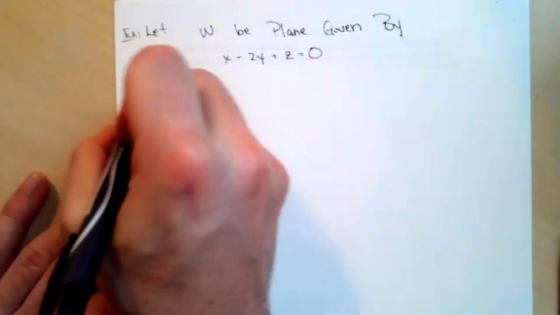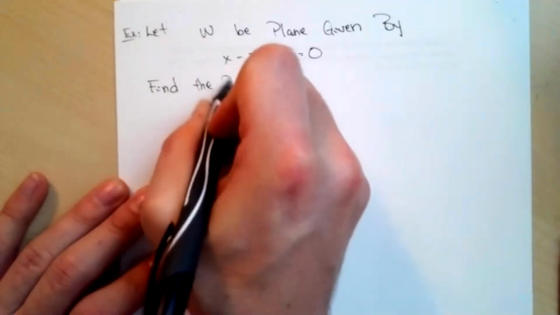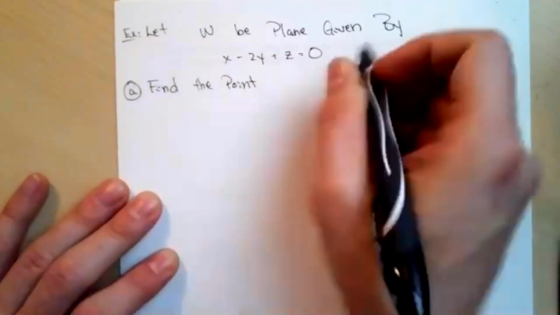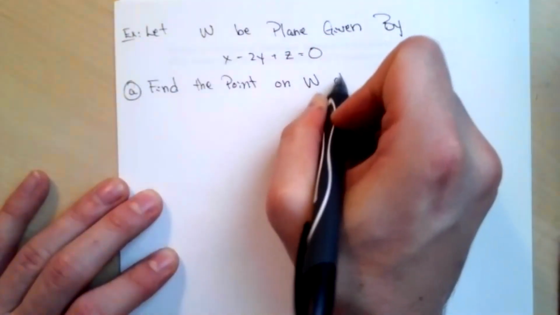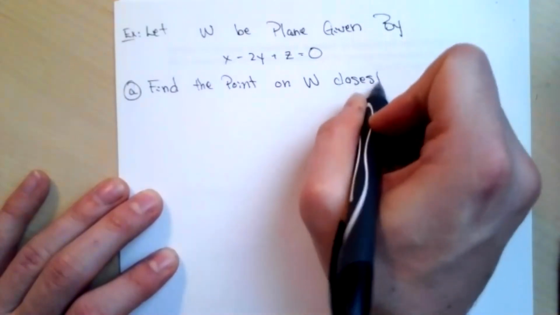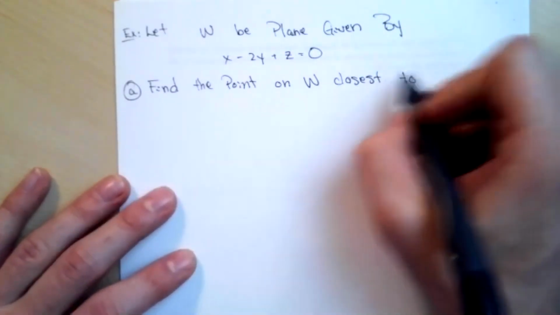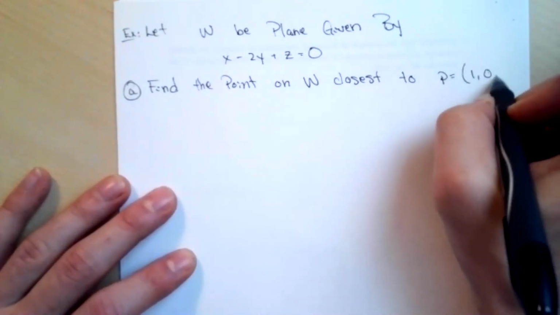What do we want to do? Find the point. Let's make a few parts. A, find the point on W closest to our point P, (1, 0, 3).